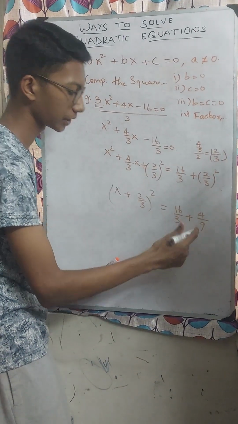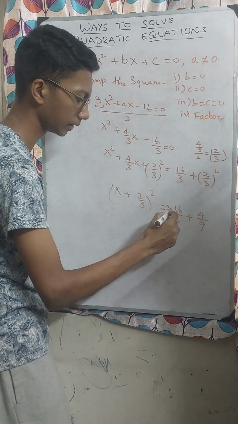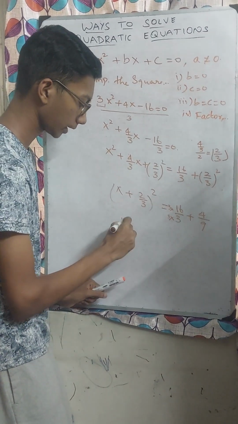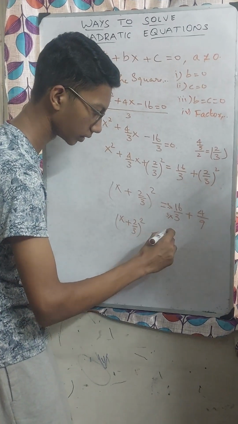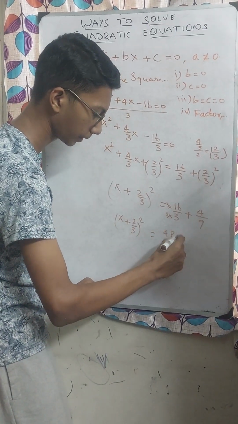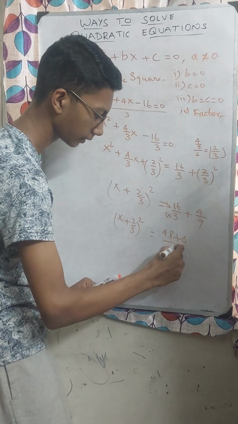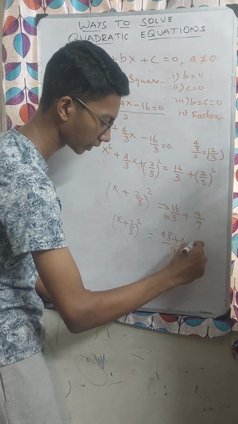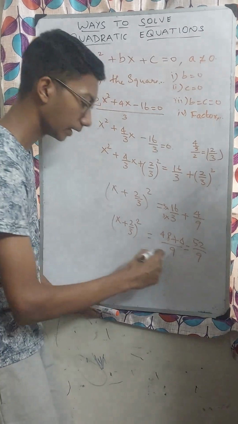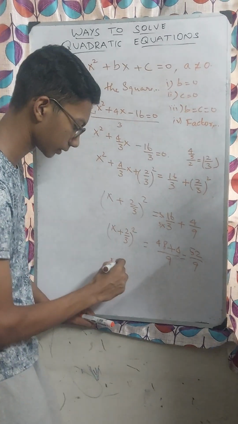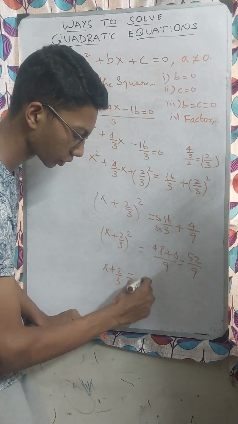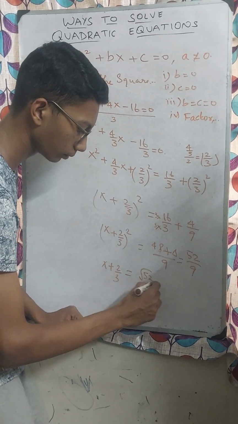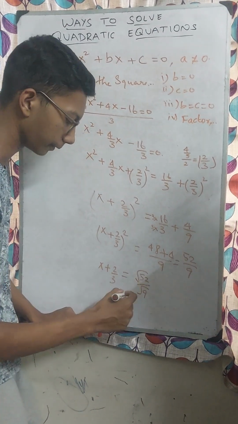We need to take the LCM on this side. So multiply by 3. We get (x + 2/3)² = (48 + 4)/9, which gives 52/9. Taking the square root on both sides, x + 2/3 = √52/√9.